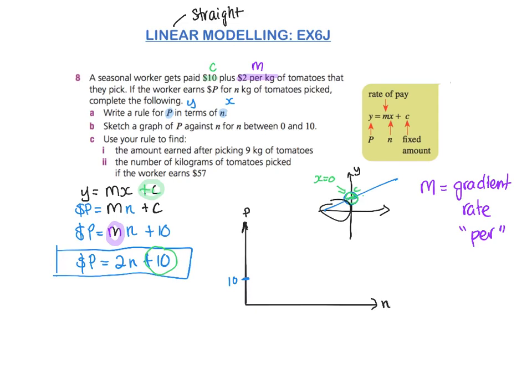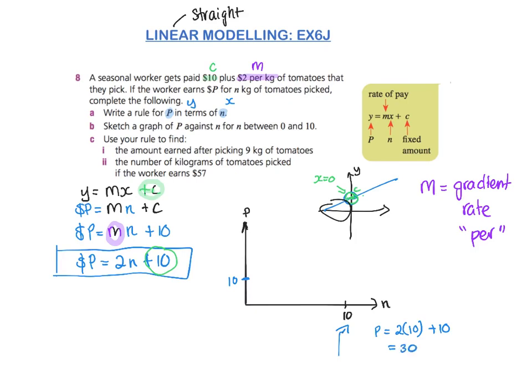point, I'm just going to make one up. What about if we had picked 10 kilos of tomatoes? What would the price be? The price would be 2 times 10 plus 10. What would that equal? 2 times 10 is 20, so all up it would equal 30.